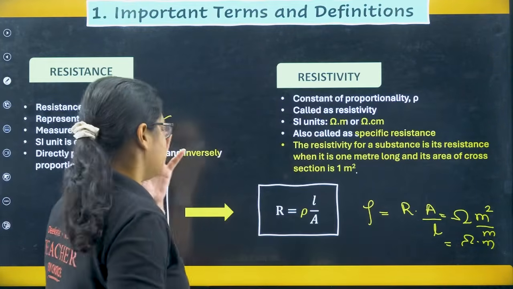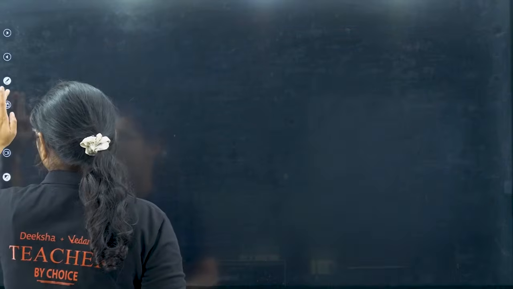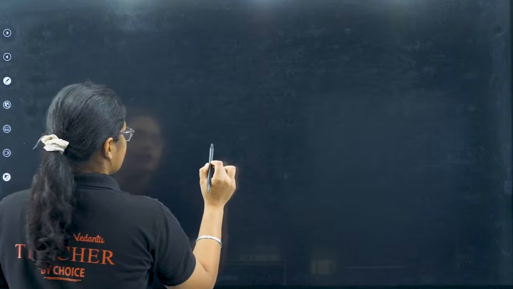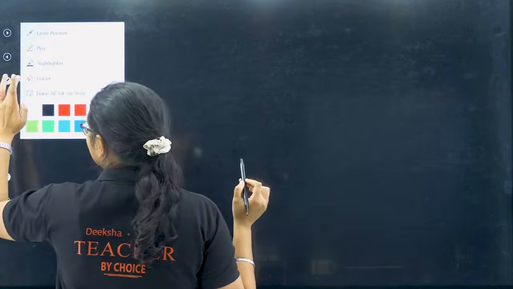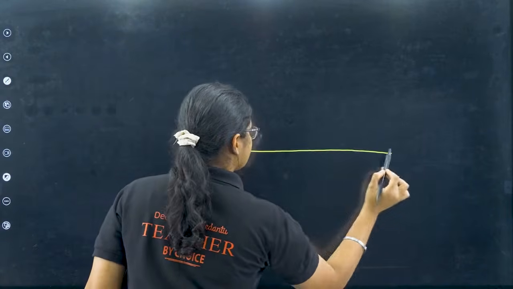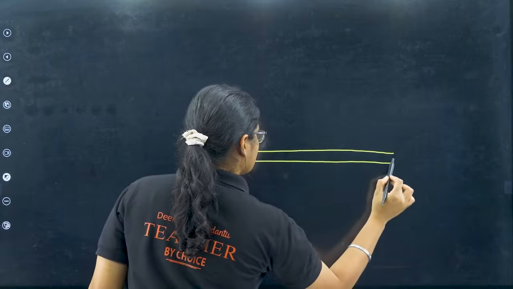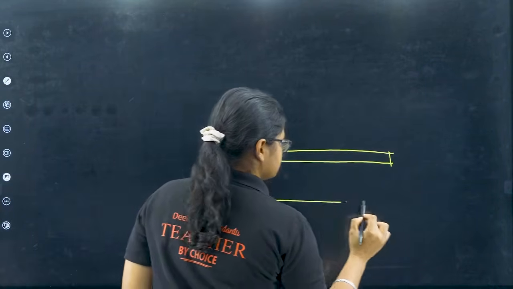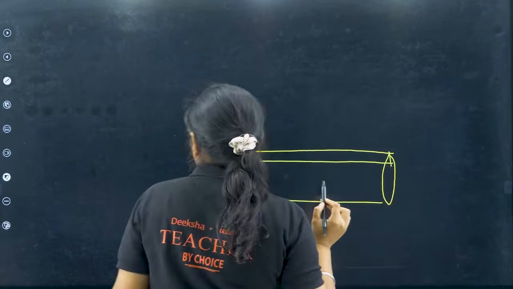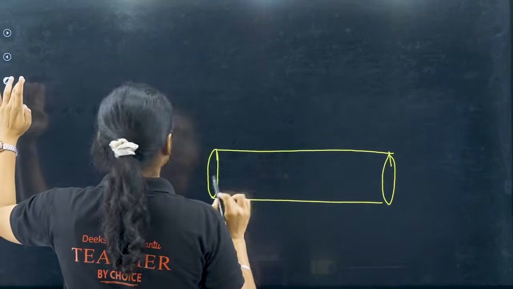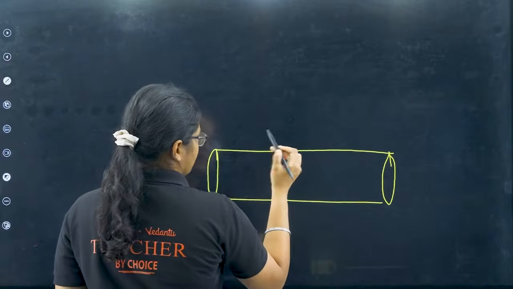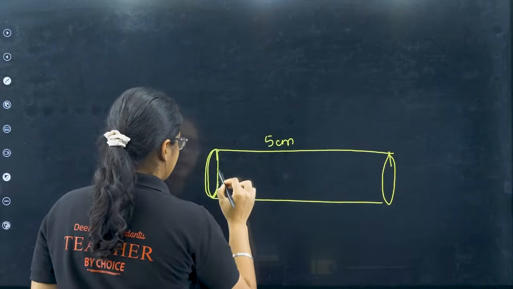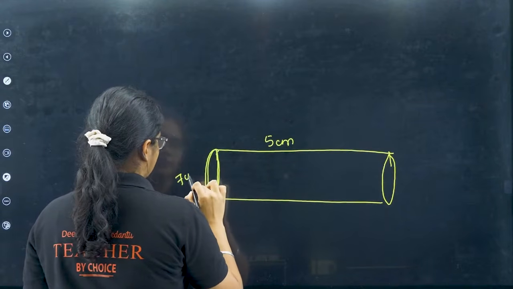Okay, I'll give a very simple example. Suppose you have a rod like this, and this rod length is 5 centimeter and its cross sectional area is suppose 7 centimeter square.